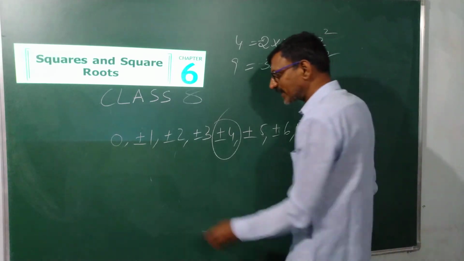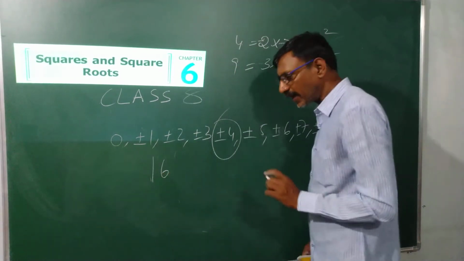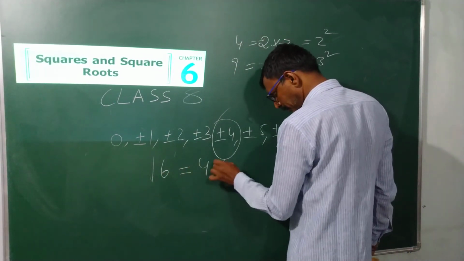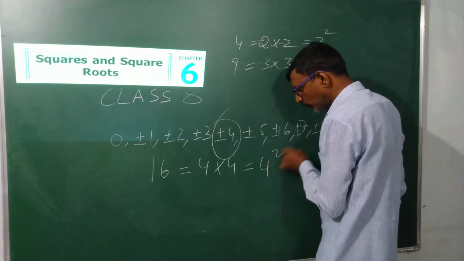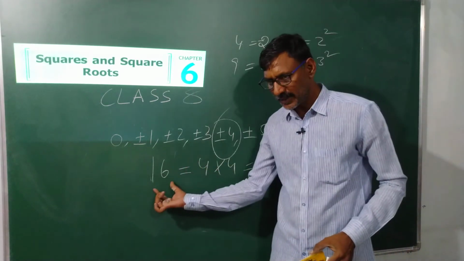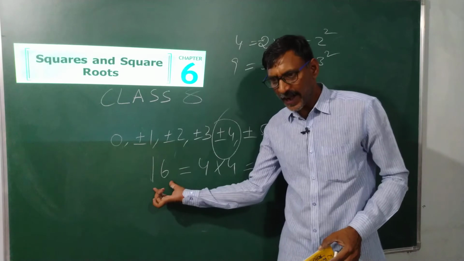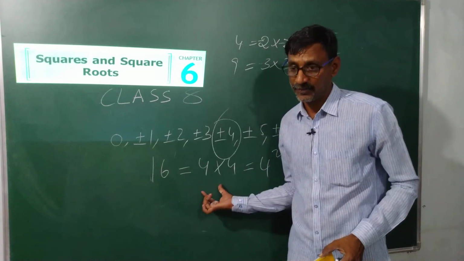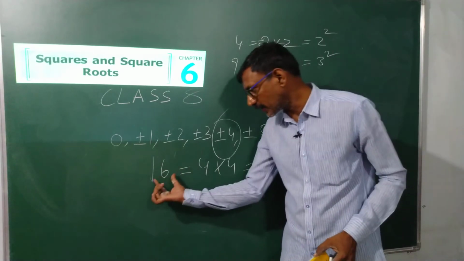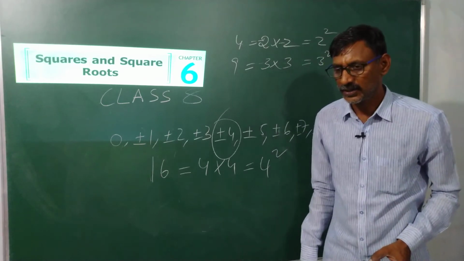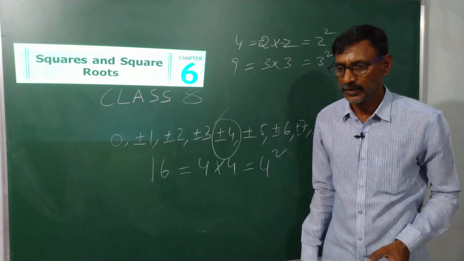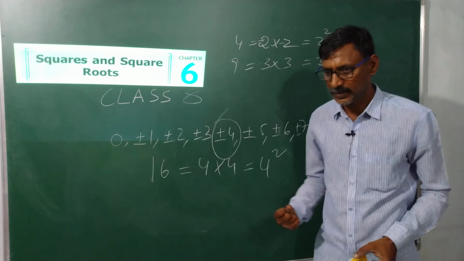If you take 16, we can write 4 into 4, and this you can write as 4 square. So 16 can be written as a product of 2 equal factors. That's the reason 16 is called a square number.